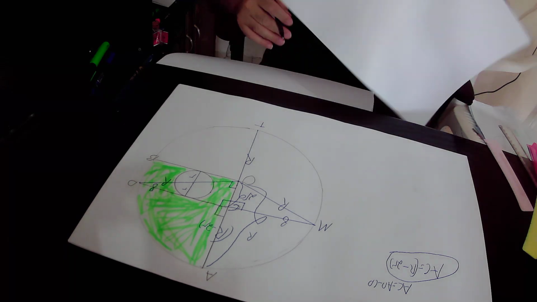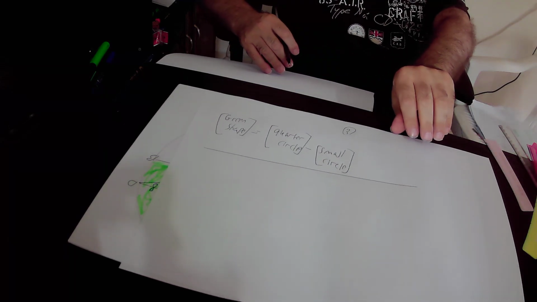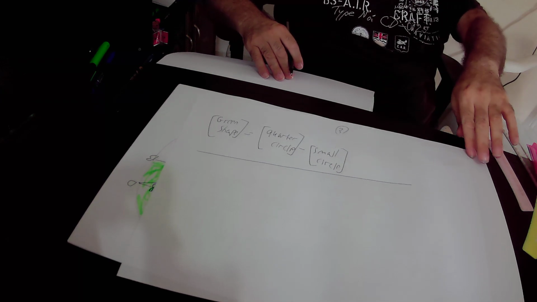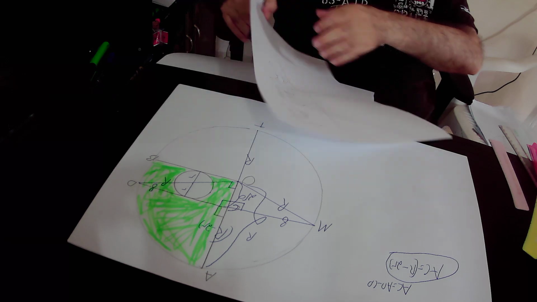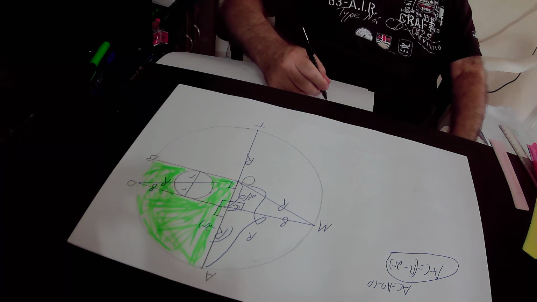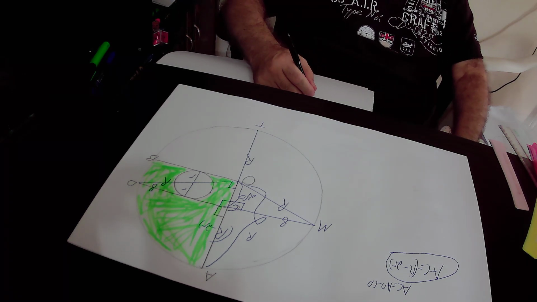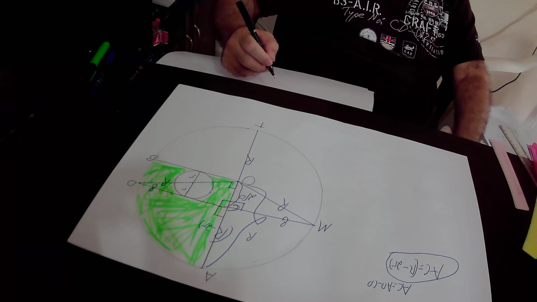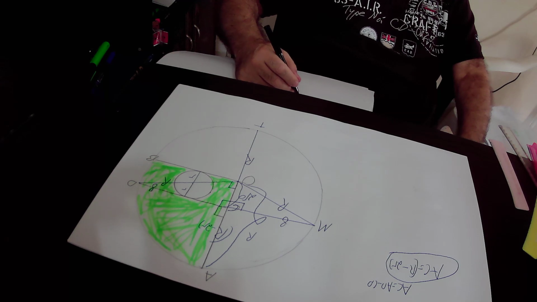I'll repeat again. The area of the green shape equals the area of the quarter circle minus the area of the small circle. We have already found out that the area of the quarter circle equals pi times capital R squared over 4, minus the area of the small circle, that is pi R squared.